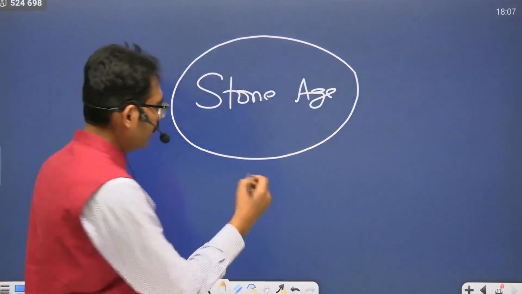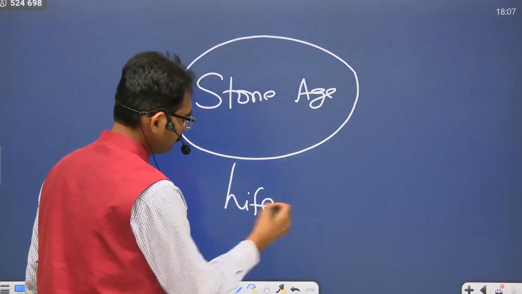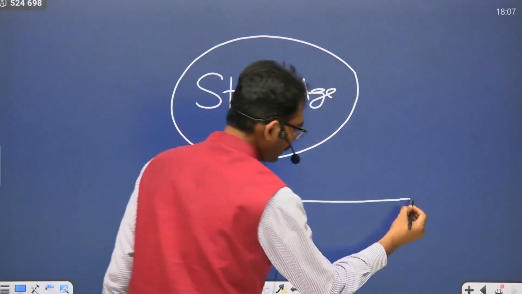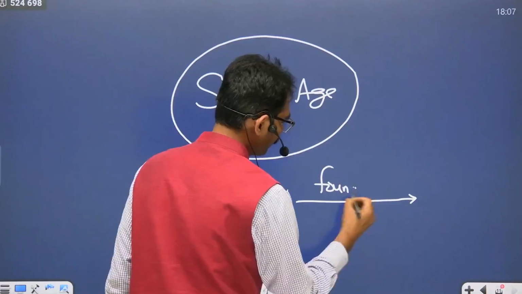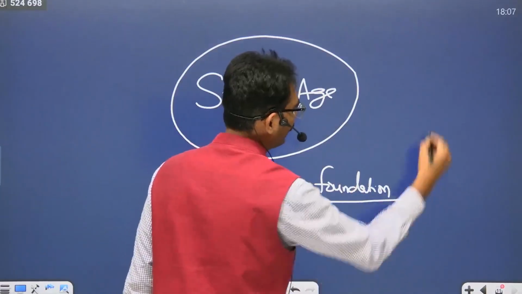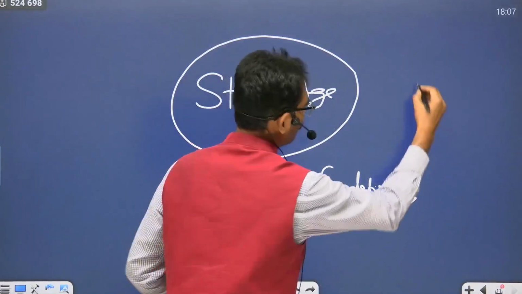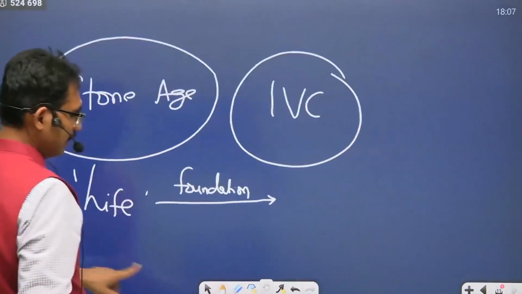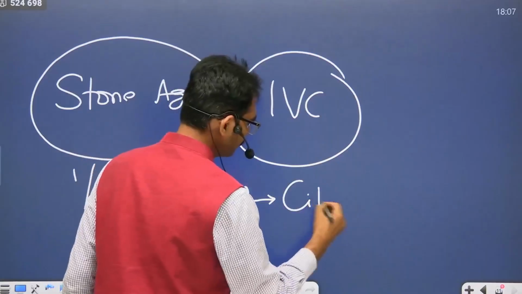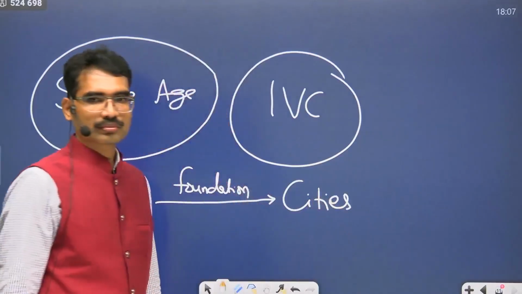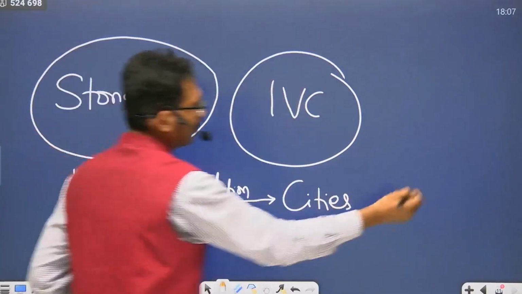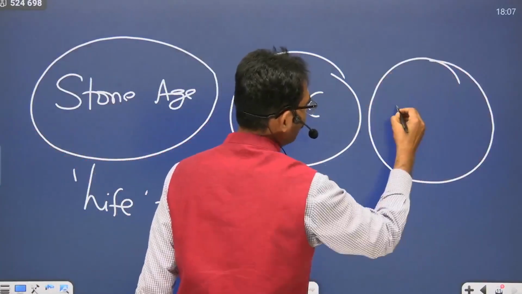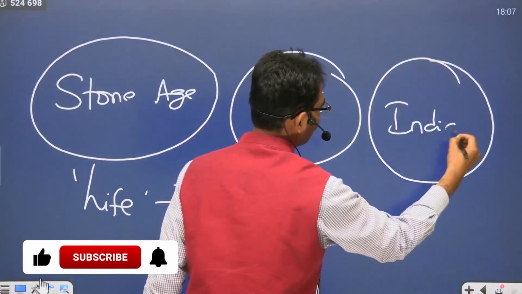If we know the life of these people, this life became the foundation for the Indus Valley Civilization. That is cities. And that is how it became the foundation for present day India.